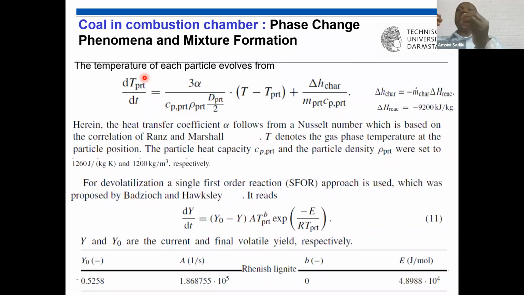This means that we need two additional transport equations: one for the temperature of the particle, and one for its mass.